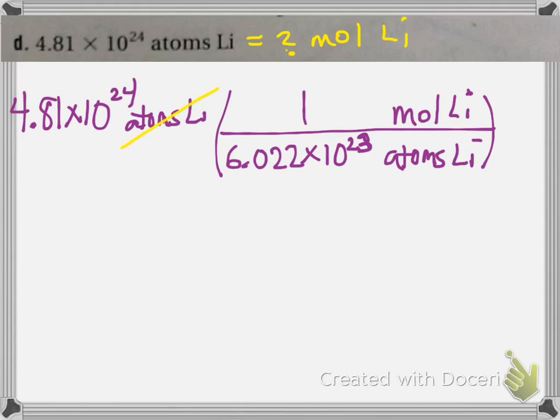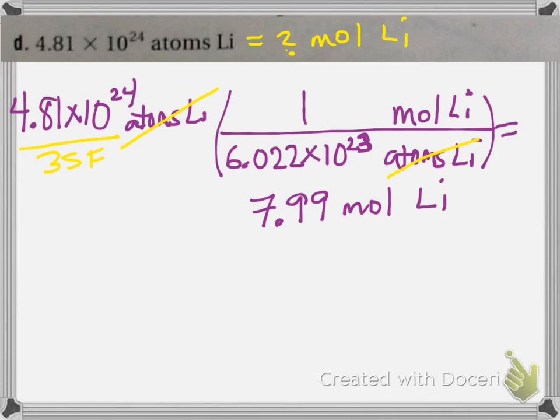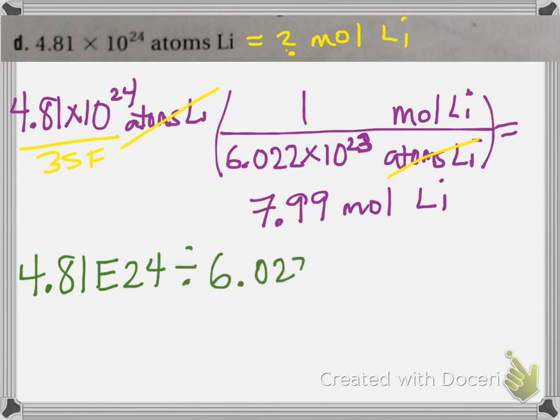Again, atoms of lithium are crossing out. I have 3 sig figs here, so my answer should have 3 significant figures. So you should end up with 7.99 moles of lithium. Again, how do you put that in your calculator in case that's part of what you're having a problem with? 4.81 E24 divided by 6.022 E23 should give you your answer.